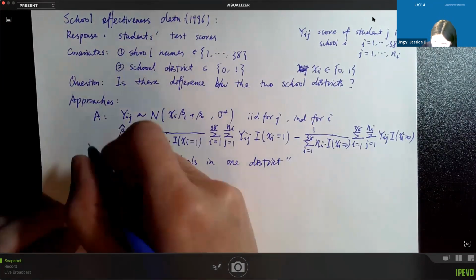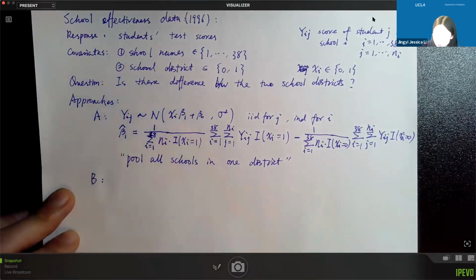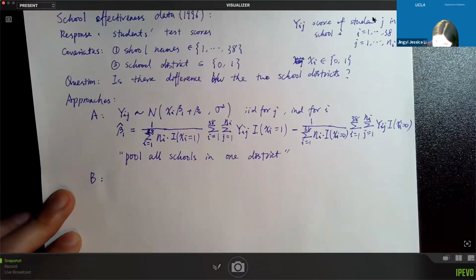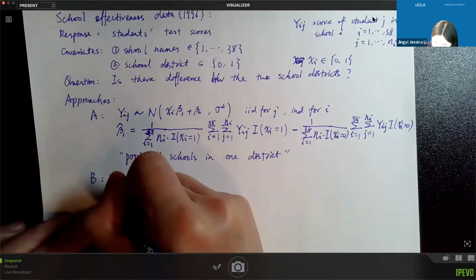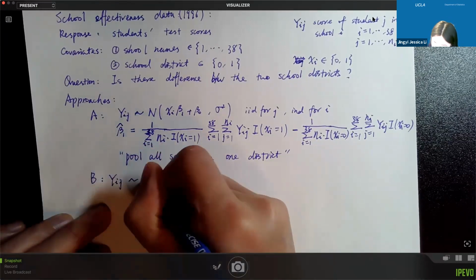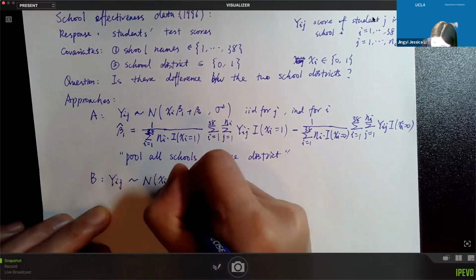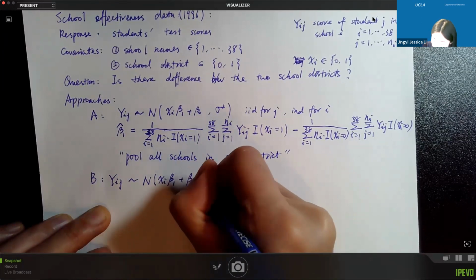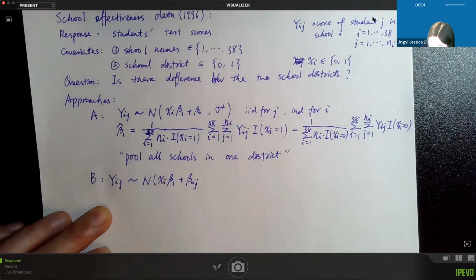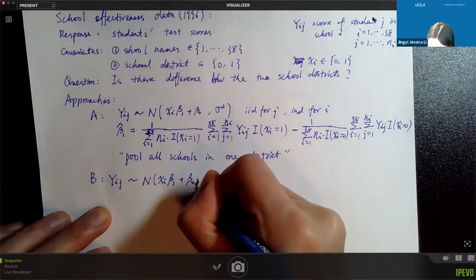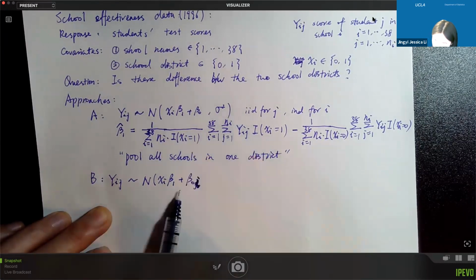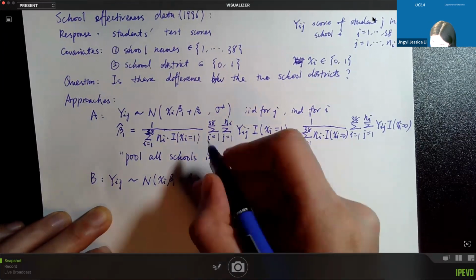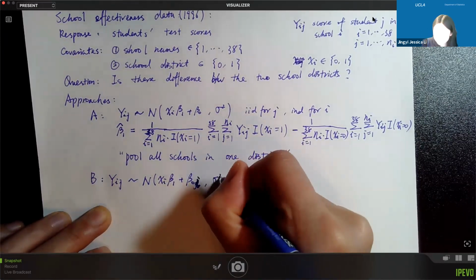So that gives us approach 2. In approach 2, you assume a specific school intercept. I write this as beta 0i, so Xi beta 1 plus beta 0i, sigma squared.